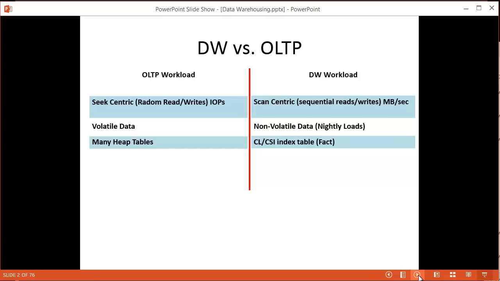Because of the ad hoc nature of data warehouse and analytical queries, it is almost impossible to determine ahead of time the exact characteristics of those queries. Something like clustered indexes or column store indexes can greatly enhance fact table performance in a scan-centric way, and I will address those later on.